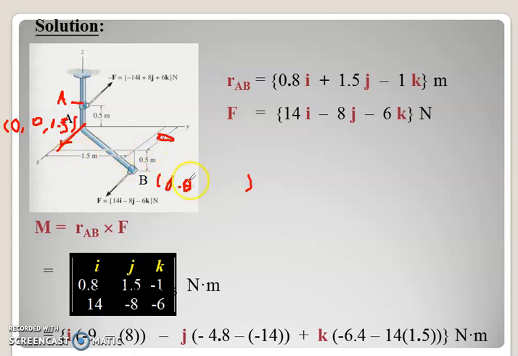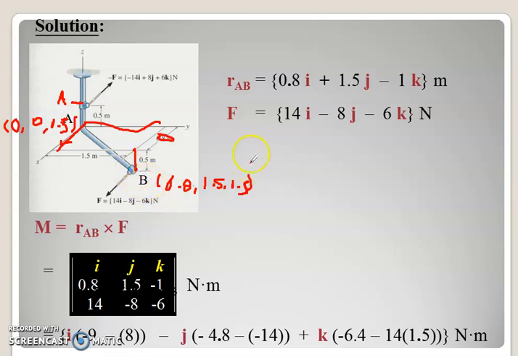Your Y is 1.5, from here to here. And then from here it goes up to point B for the z-axis. For the z from 0 it is 0.5.